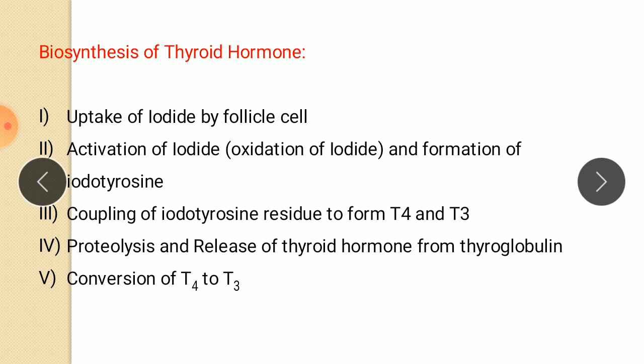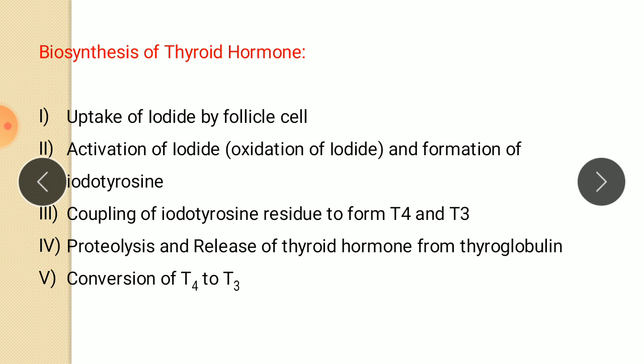The formation of thyroid hormone depends on exogenous supply of iodide. The formation of thyroid hormone involves the following steps. So there are various steps involved in biosynthesis of thyroid hormone.